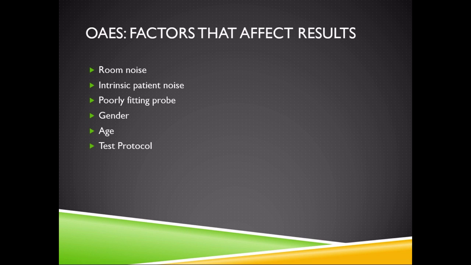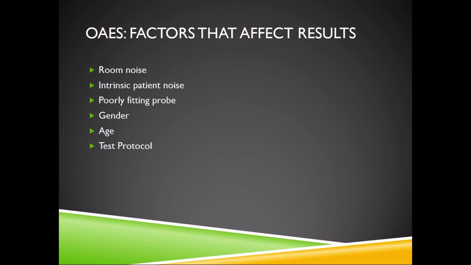We're going to talk about interpretation in terms of present versus absent, but also normal versus abnormal. If you're going to use norms, or if your equipment is automatically using norms, you need to use the test protocol that those norms were obtained with, because otherwise you can't interpret the results.